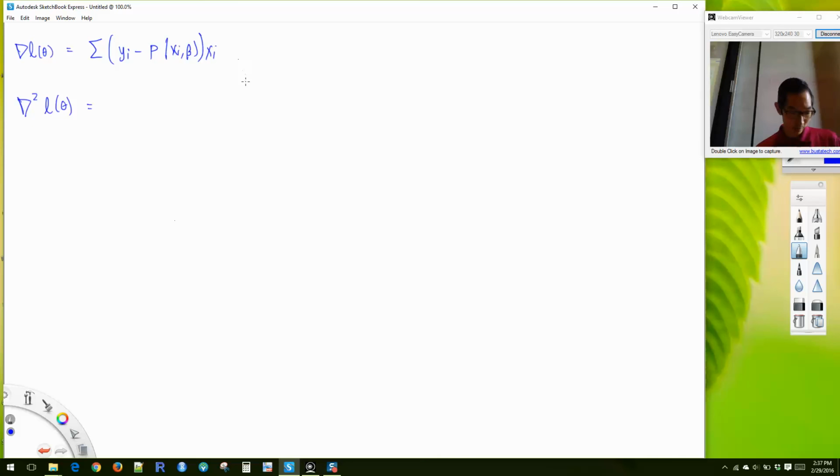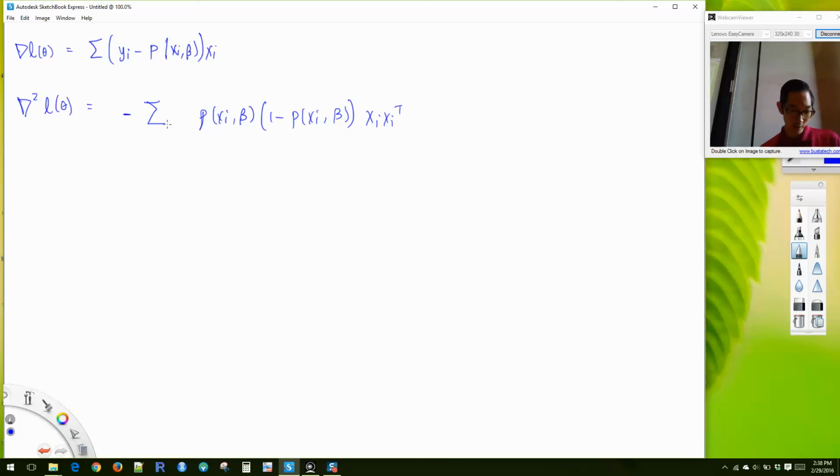I'm going to end up getting p of x sub i, beta, times 1 minus that, just continual application of the chain rule, and then x sub i x sub i transpose, and then the whole thing becomes negative.